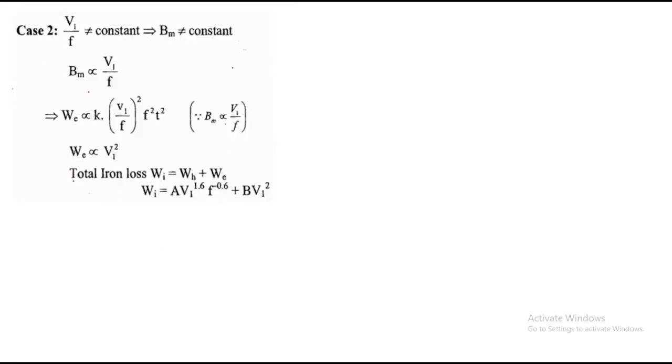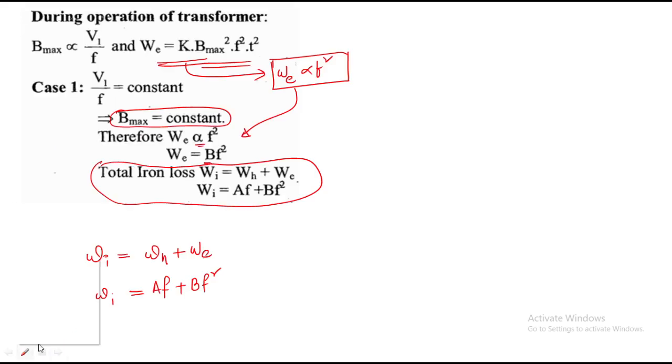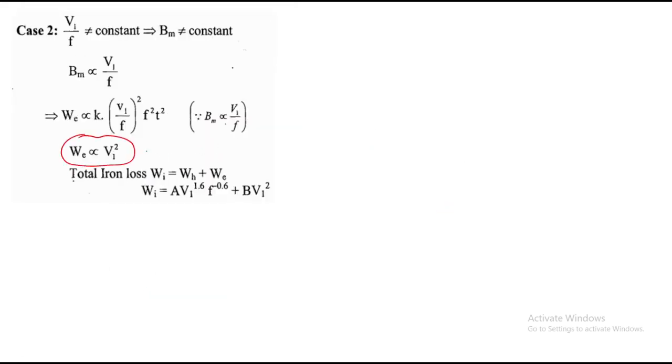Next, case 2. If V by F is not constant, we have V square by F square into F square into T square. Therefore, the eddy current loss is proportional to V1 square. Same as in the case of hysteresis, it depends only on voltage. Don't worry, we will solve very good problems after the completion of this unit.